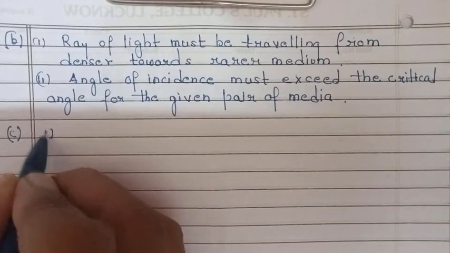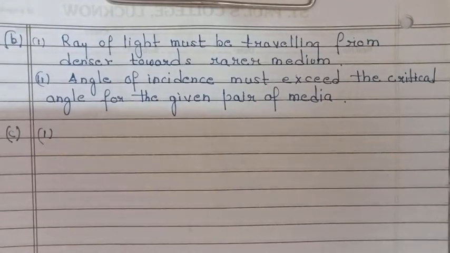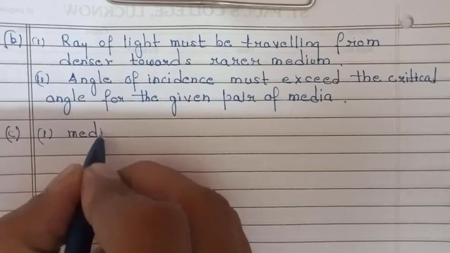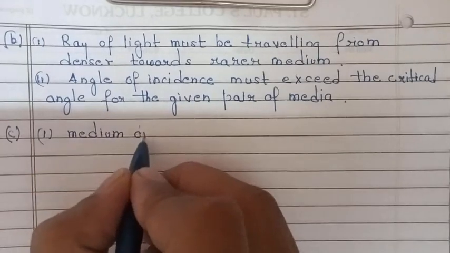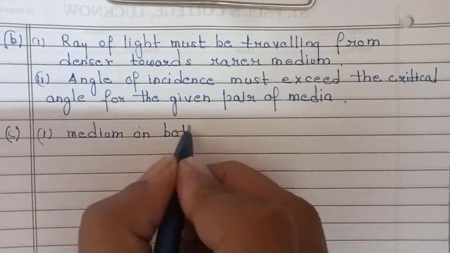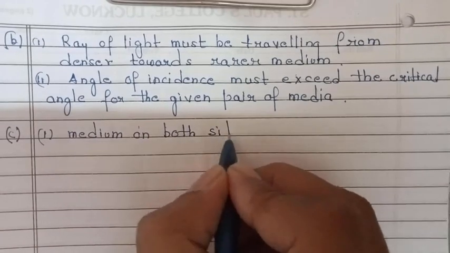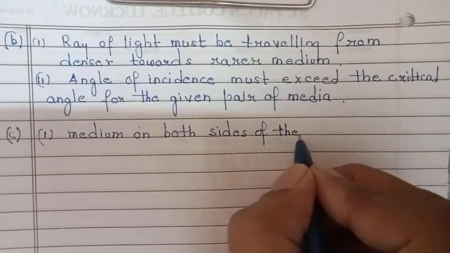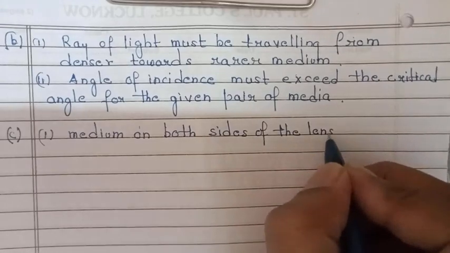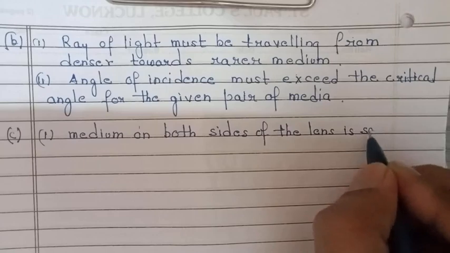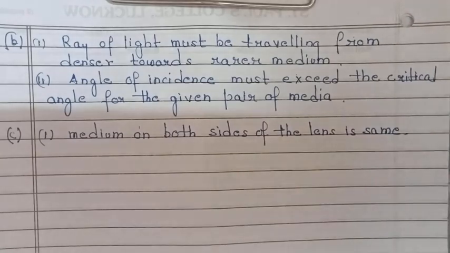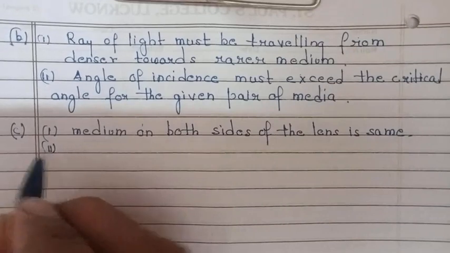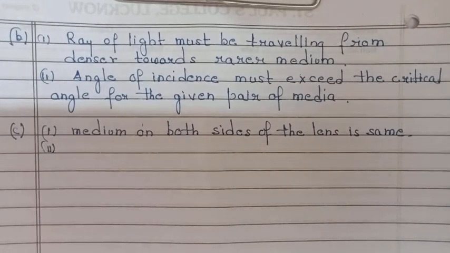A lens can have both its focal lengths equal if the medium on both sides of the lens is the same. If the medium is the same, then the lens will have the same focal length on both sides.